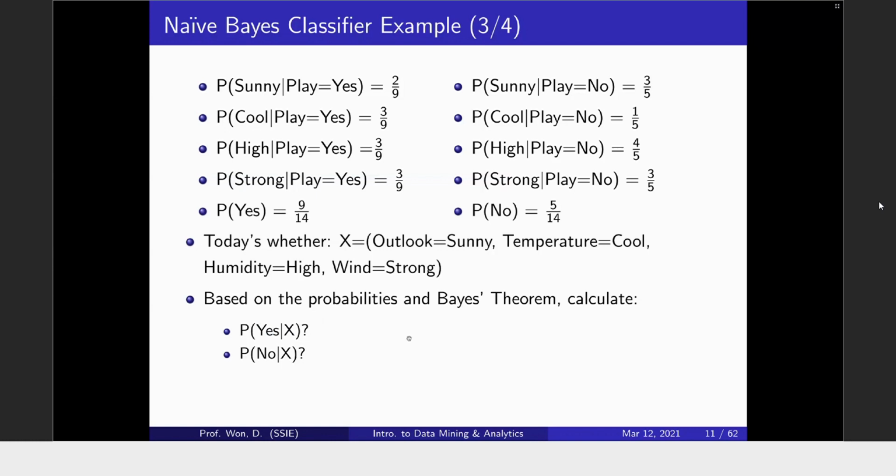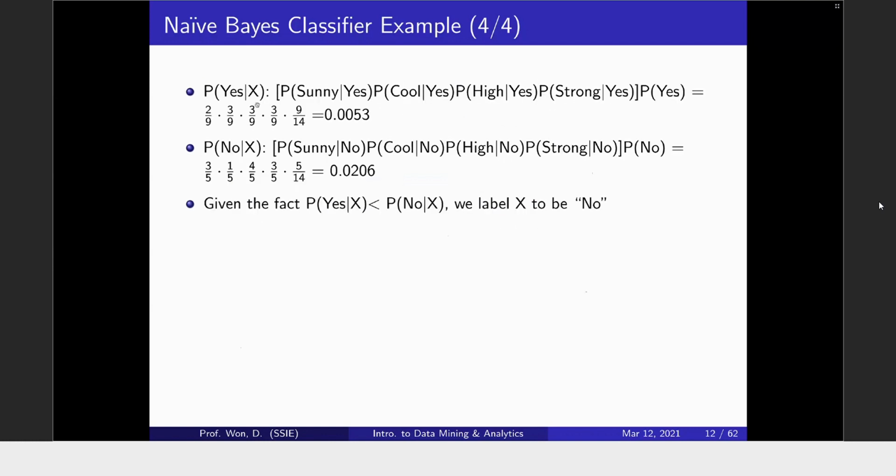So let's say P yes given X is P sunny yes multiplied by P cool yes multiplied by P high yes multiplied by P strong yes, and multiplied by the probability P yes. This comes exactly from Bayes theorem, right? Then our probability is 0.0053. Similarly, for P no given X, we also calculate the probability, 0.02.